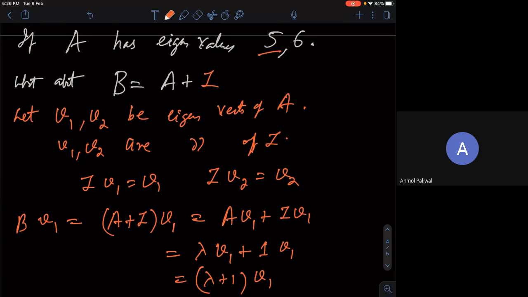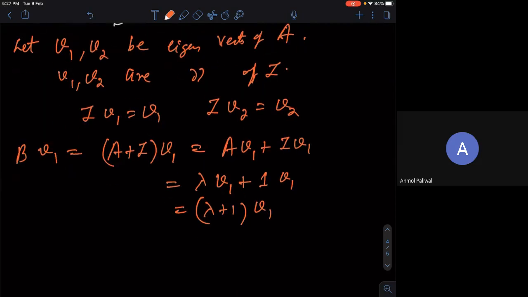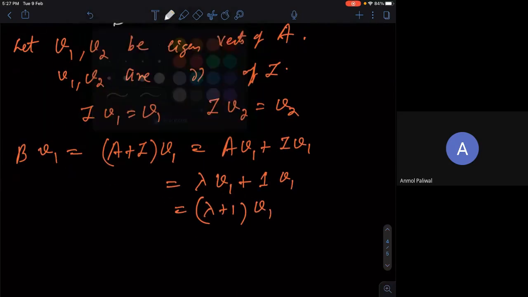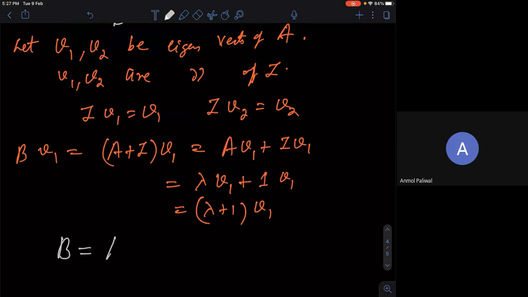And A had eigenvalue 6, so A plus I will have eigenvalue 7. So it's clear. Now the same idea extends to B equal to A plus 5I. Its eigenvalue will be lambda plus 5, where lambda is the eigenvalue for A.